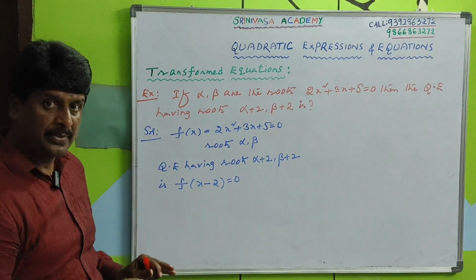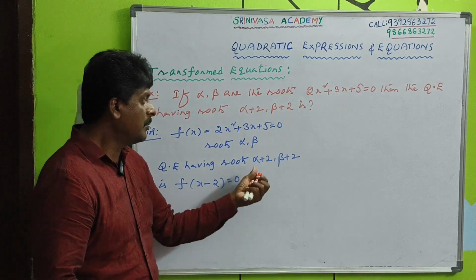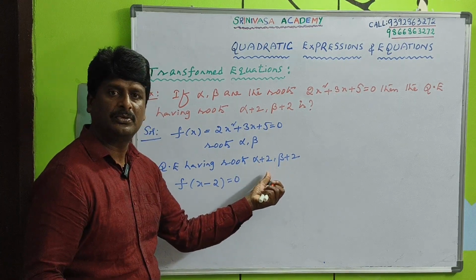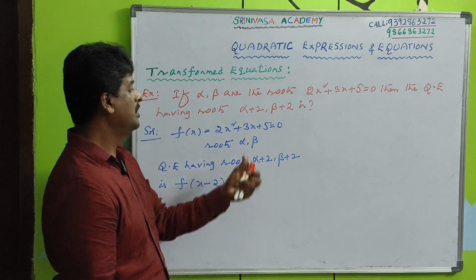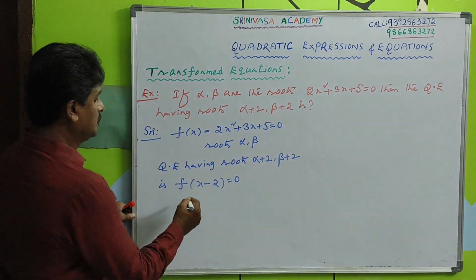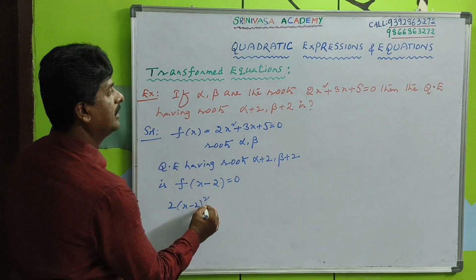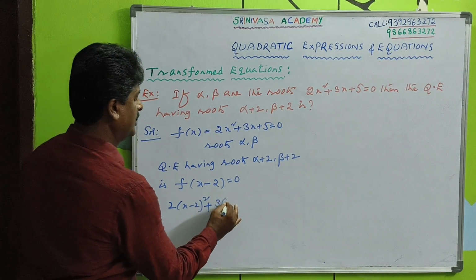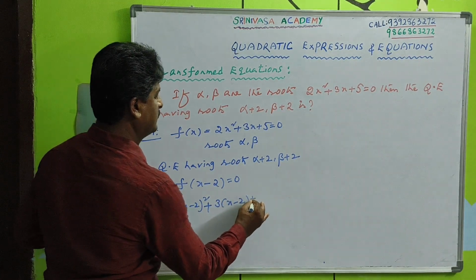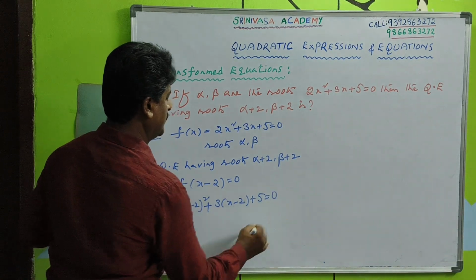You remember the formula, or else put x is equals to alpha plus 2, alpha is equals to x minus 2, replacing that. So we get 2 into x minus 2 whole square plus 3 into x minus 2 plus 5 is equals to 0.